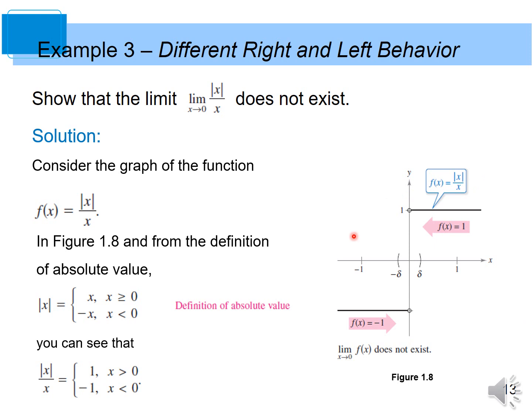So look at the graph. f(x) is equal to negative 1 on the negative side when x is less than 0, and f(x) is equal to 1 when x is greater than 0.